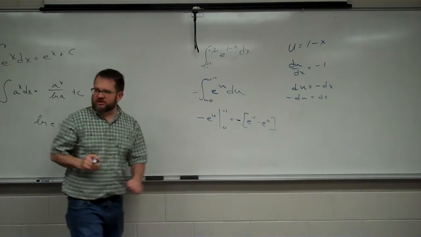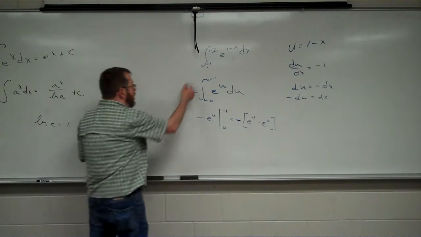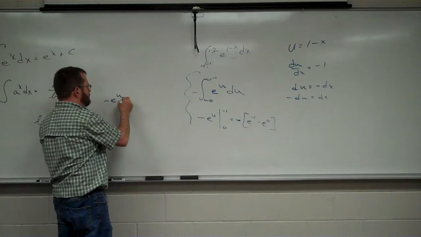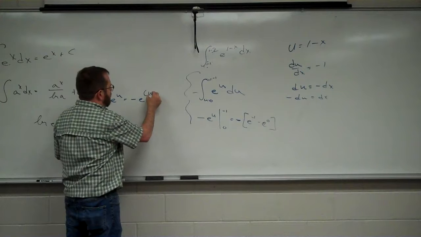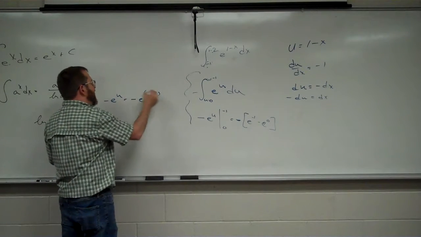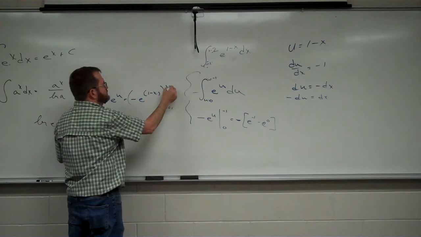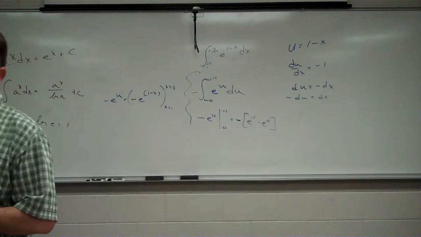That would be one way to evaluate it and then simplify. Or we could go the other way around and say we got negative e to the negative u, which is the same thing as negative e to the 1 minus x, since u is equal to 1 minus x, and then evaluate this whole thing from x equals 1 to x equals 2. Either way would be fine, and you'll in fact get the same answer both ways.